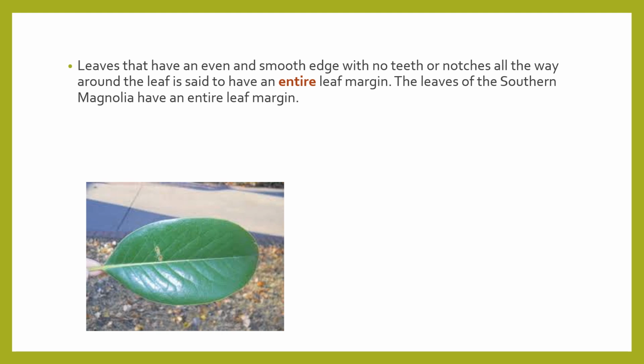This is the margin of the leaf. You can observe it looks soft completely, without any teeth or notches. So this one is called entire margin or entire leaf margin.